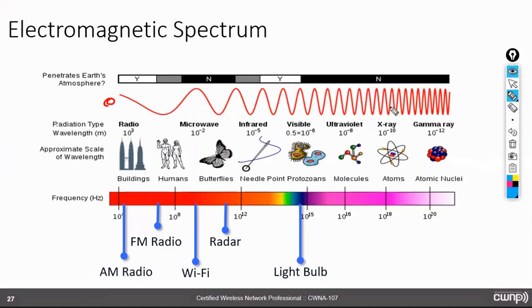You can see the arrow from here to here. The spectrum is a reference from radio to gamma rays. The wavelength becomes shorter and the frequency becomes higher. This is the wavelength, the gap between two upper peaks.